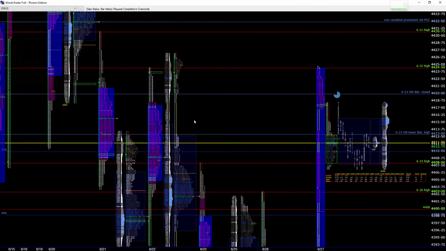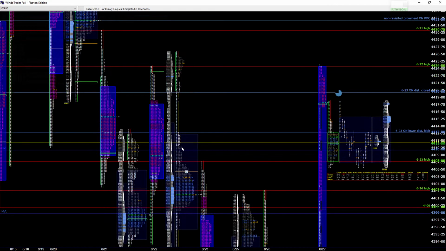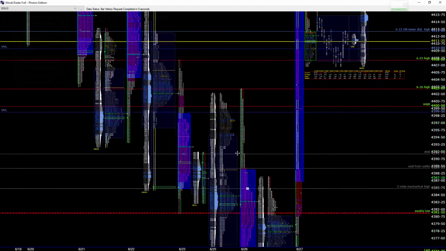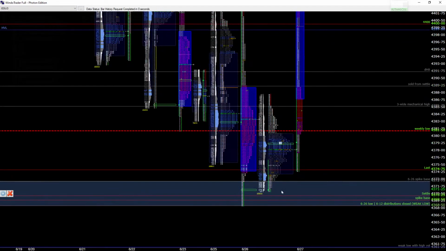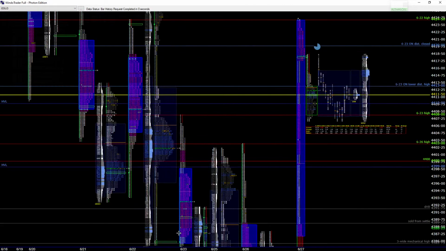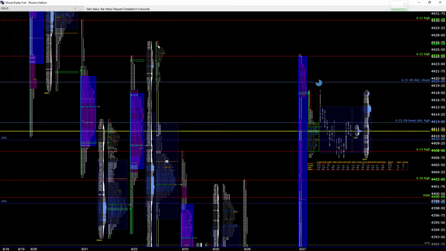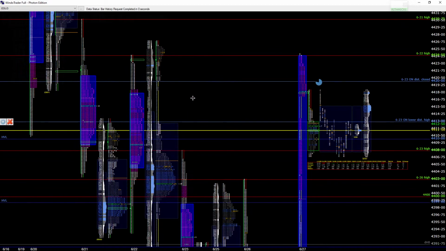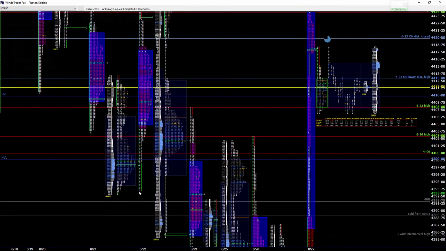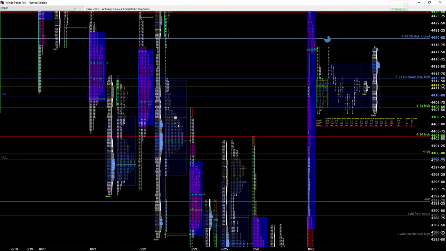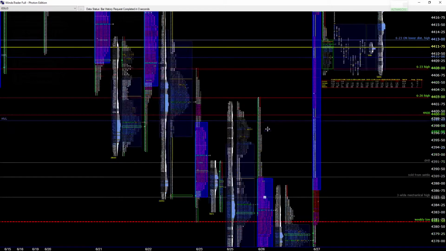Notice this day here. In this overnight session, the market closed at the high, the market closes at the low here, and the overnight just sells. The next day the market opens all the way below the previous day low. Very emotional selling here, very emotional selling. And remember, yesterday we were talking about this as well.